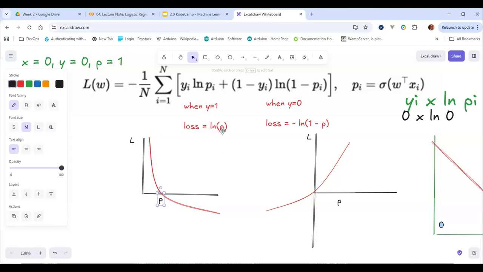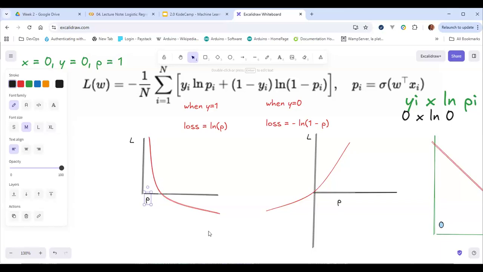In that case, when the probability is 1, which means it is close to the actual value, then the loss is 0, which is this line. But when it begins to move away from it, the loss begins to become a large negative value as well. That's the interesting thing. It becomes a large negative value. And if the probability becomes lower than 1, the loss increases, becomes a large positive value.